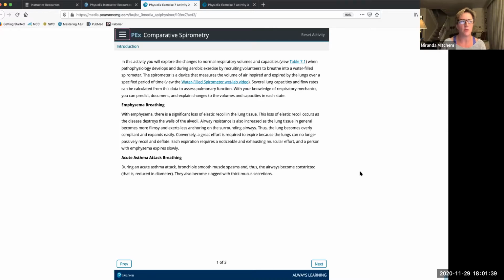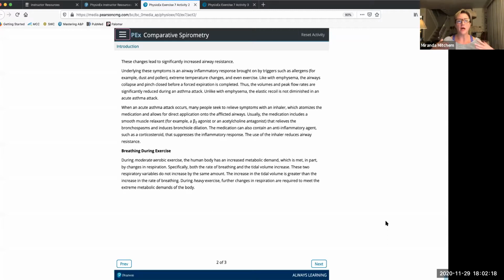What happens with a person with emphysema is that their expiration rate is really impacted due to the resistance. Asthma is when there is bronchial spasm due to the smooth muscle that is around them, and that does constrict the airway. Additionally, mucus is produced in asthma, so the airway diameter is decreased, but also the viscosity is increased due to the presence of that mucus. So we've got two factors that increase resistance in the airways with asthma.